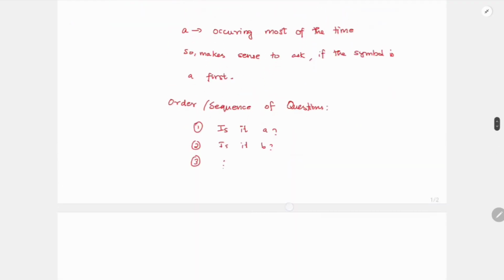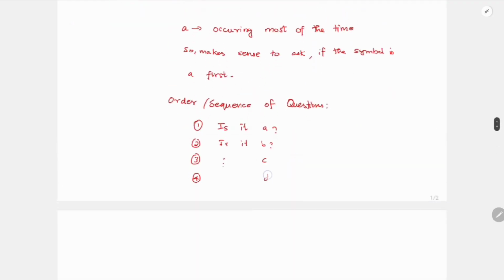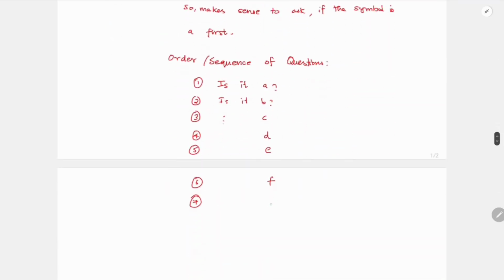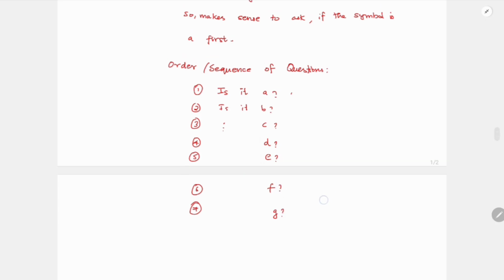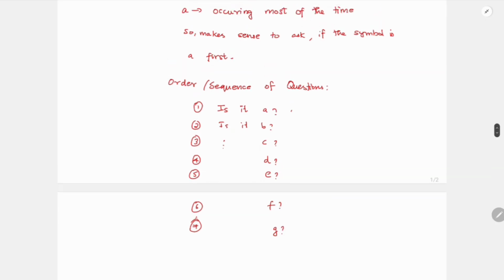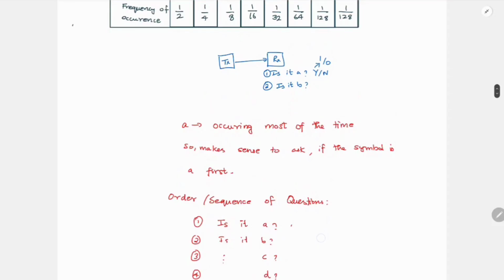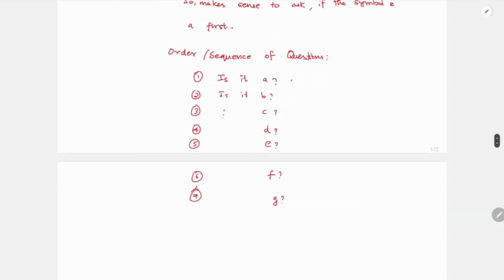Third will be C, fourth will be D, fifth will be E, sixth will be F, seventh will be G. So for H, do we have to ask? No, right? If the answer is all 0, 0, 0 for everything, then it means that the only symbol left is H. So for H, we needn't ask any question. So if we just ask 7 questions, it is enough.